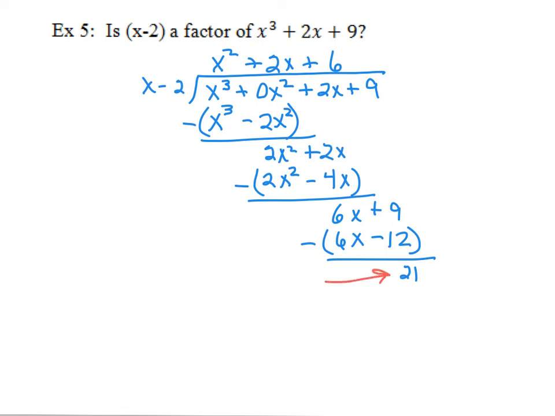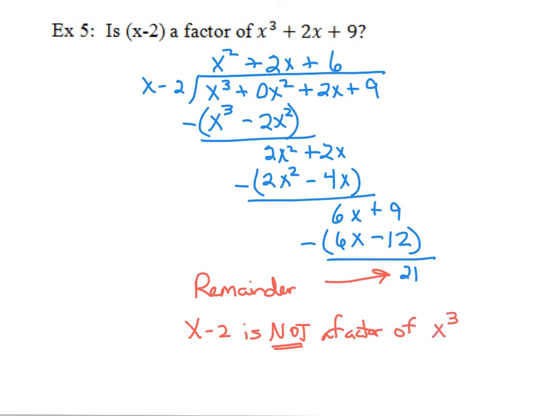So since I have a remainder that's not 0, that of course tells me that x minus 2 is not a factor of the polynomial x cubed plus 2x plus 9.